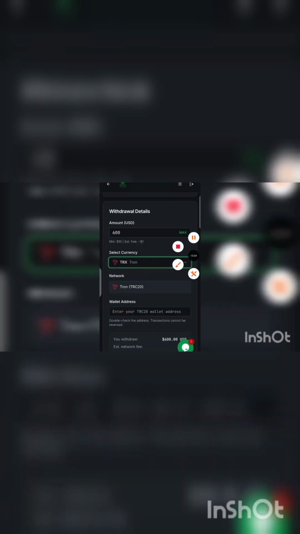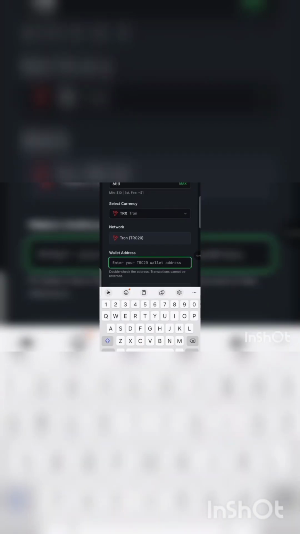You can confirm and say that this particular bot is actually paying, is actually working. Let's select USDT and make a withdrawal. I'm going to be selecting Tron. Now the next thing is for me to go back to my Bybit and copy the wallet over there.